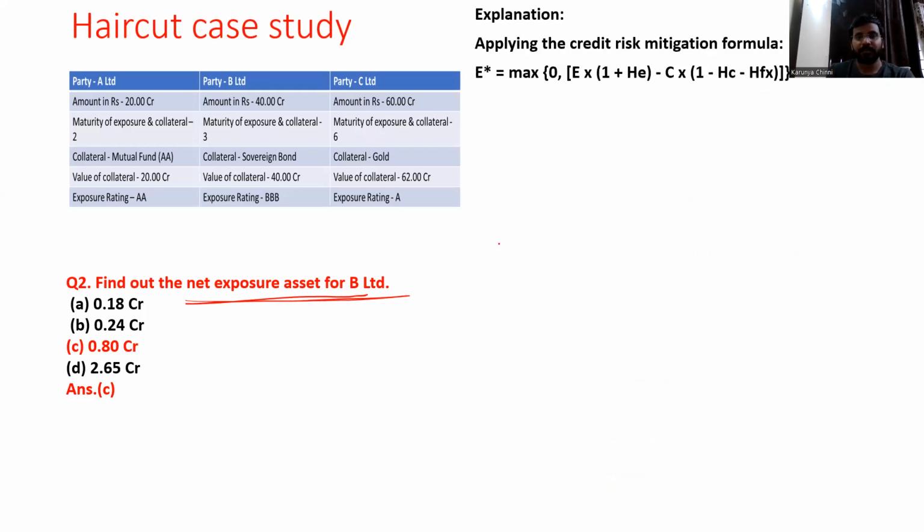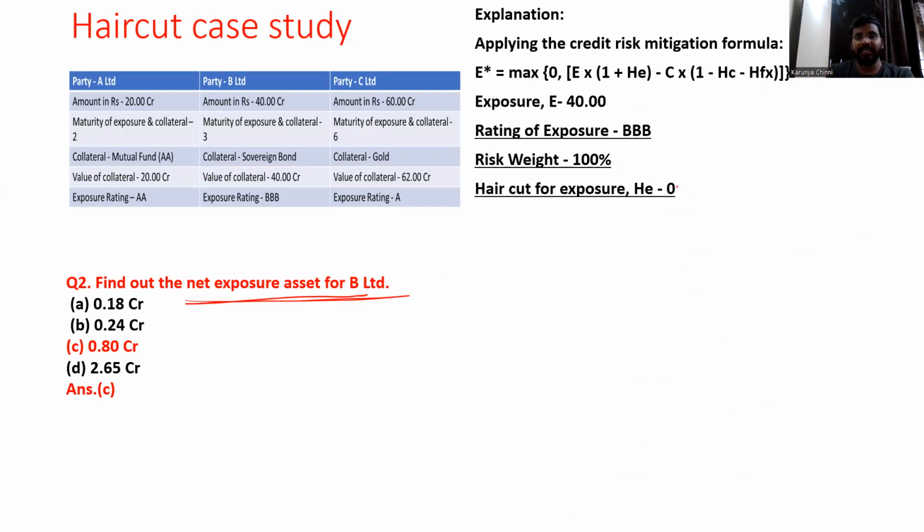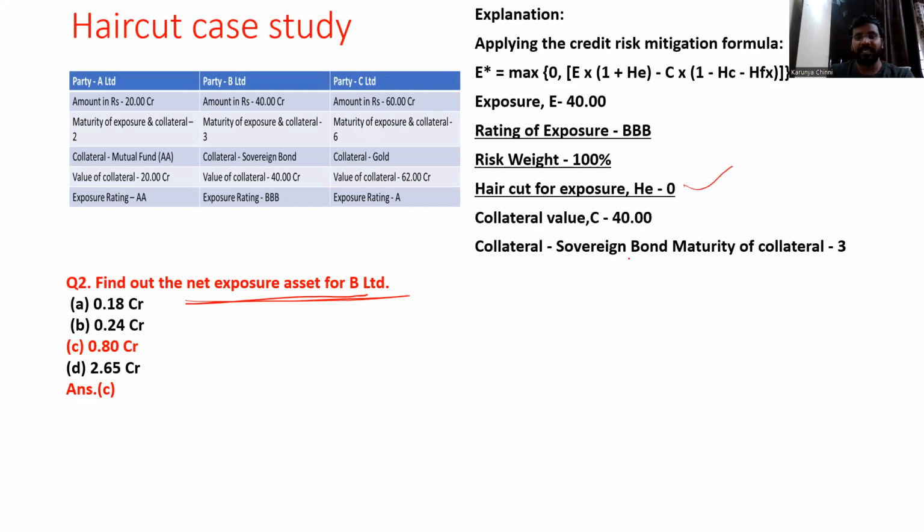So similarly, now he is asking us to calculate for company B. So this is the formula. What is the loan amount? 40 lakhs. What is the haircut exposure? That is 0. What is the haircut for collateral? That is 2%. I already told you for sovereign gold bonds, it is 2%. Now first we have to calculate the E star.